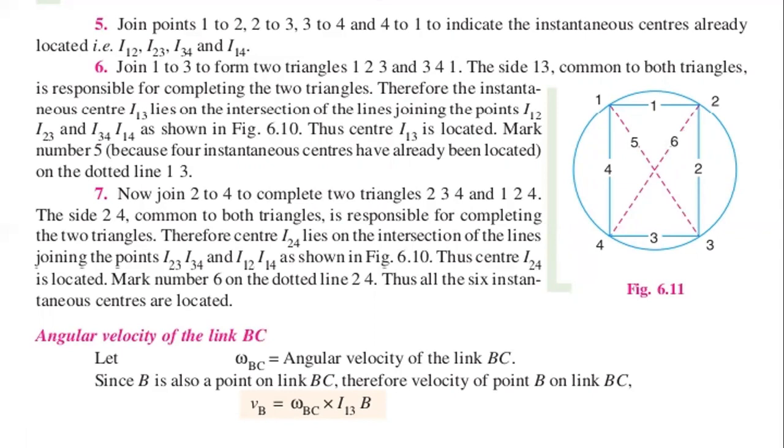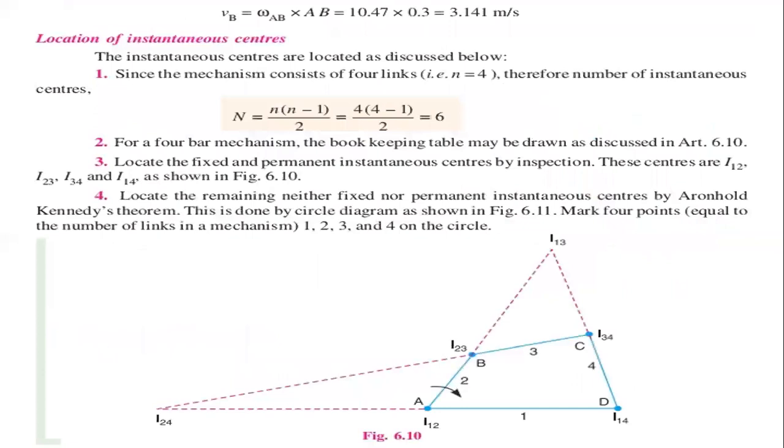Thus center I13 is located. I13 is located as the intersection of these two extended lines. We are going to extend the side of the link CD along a straight line, and from the link AB also we are going to extend the line through dotted lines.